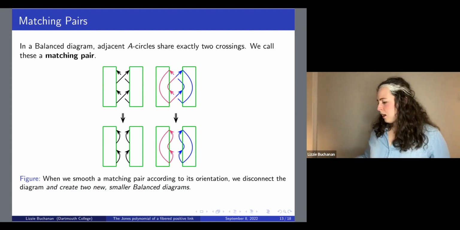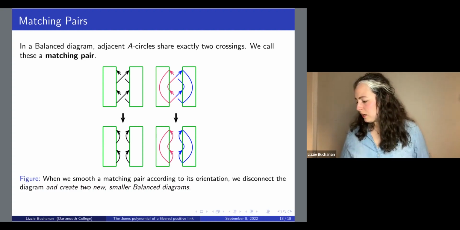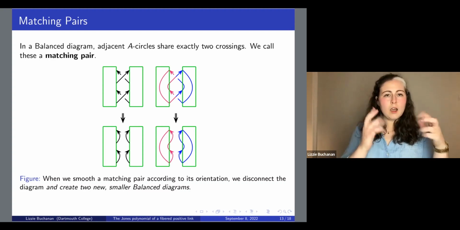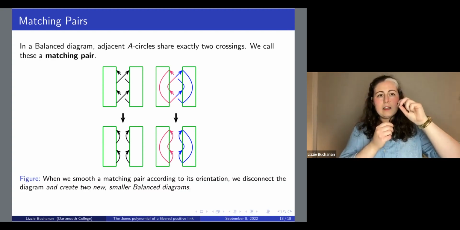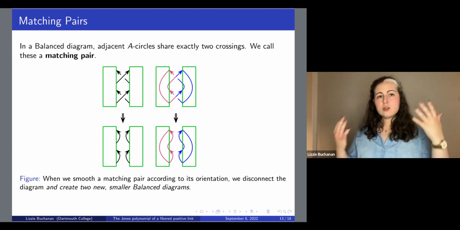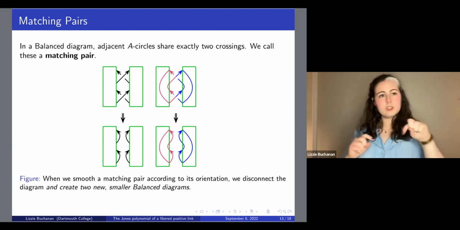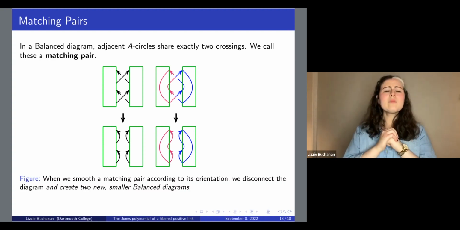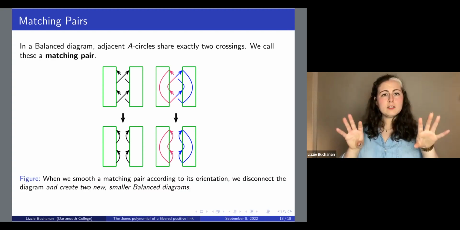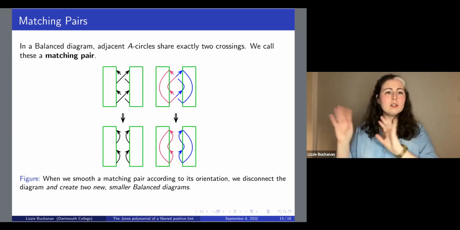So here I've drawn, essentially, we can imagine we've zoomed in on a pair of crossings, and these are involved in A circles. So that's drawn in on the left with the dark pink and the blue. And the green boxes show the remaining parts of the diagram.